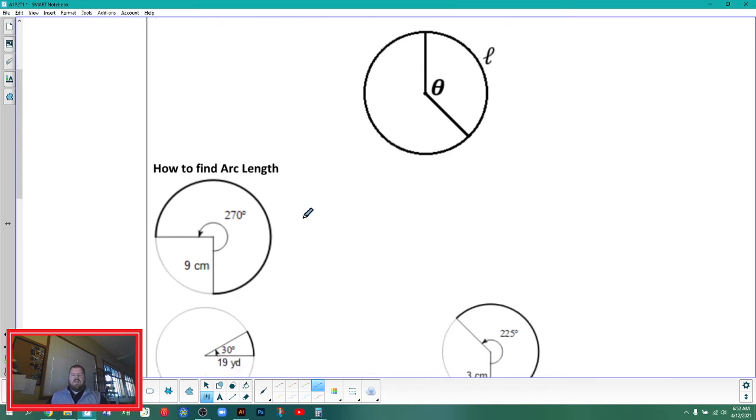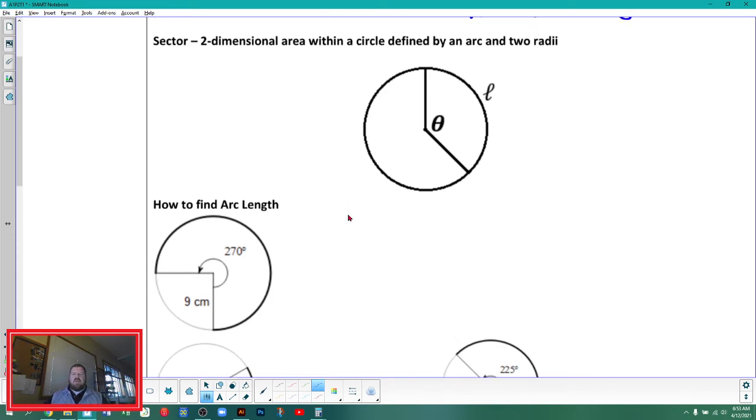So arc length is all about taking the amount of the circumference that you want to deal with. The way we find our arc length is we denote it with the script L. And so we want to take the central angle, theta, over 360, because that is the portion of the circle that we're dealing with.